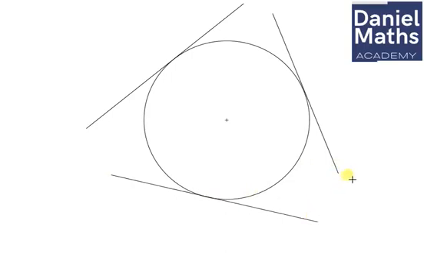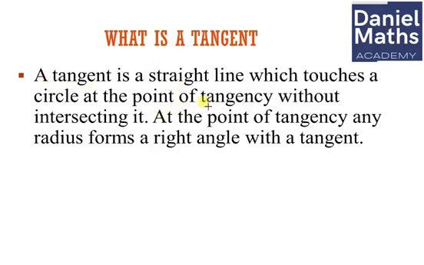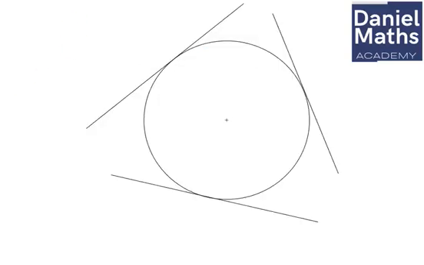We've seen here that these lines that touch the circle are all called tangents. Hence, these are the points of tangency.